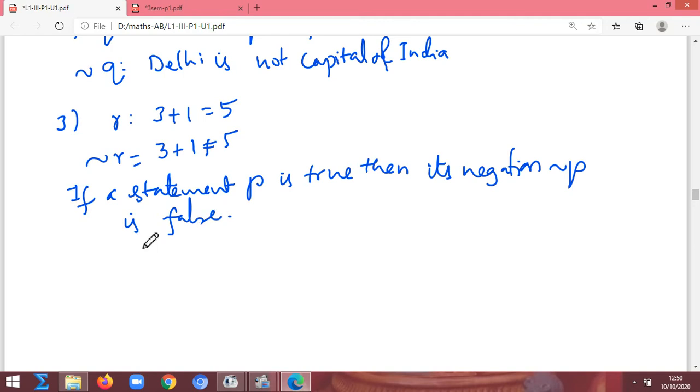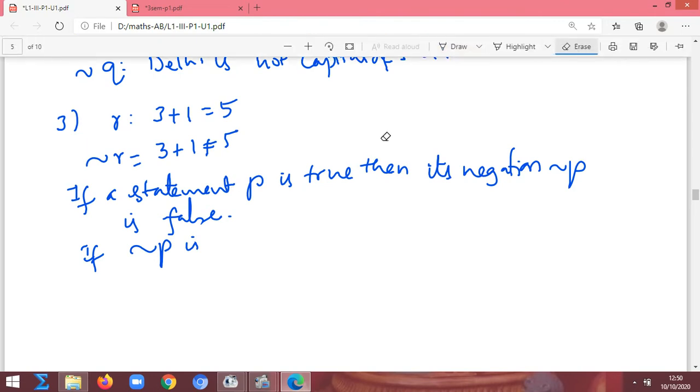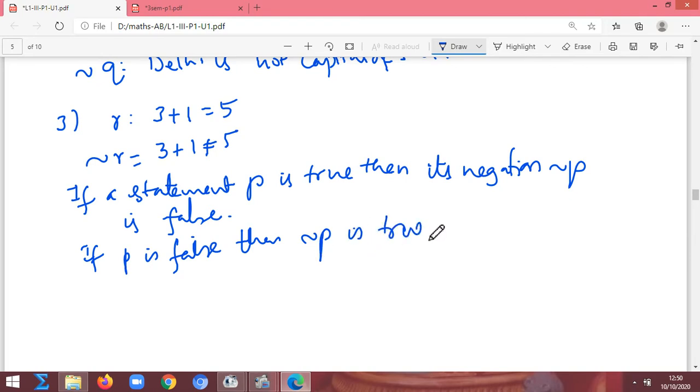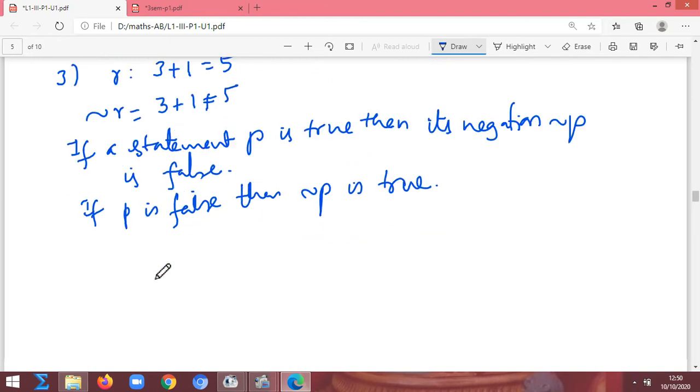And vice versa, that is, if P is false, here we have taken in the above P is true. Okay. If P is false, then negation P is true. Okay. So we have the truth table as follows.